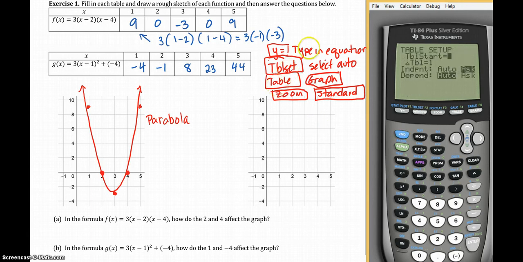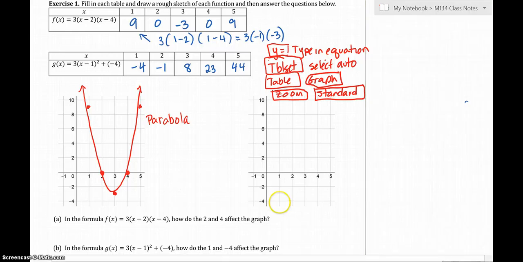So I'm going to go to table set, make sure everything is on auto. Should automatically be on auto last time. I don't know why mine isn't, but I'll put it on auto. Then go to second table, and then those should be the values of those. Let's go and graph those.